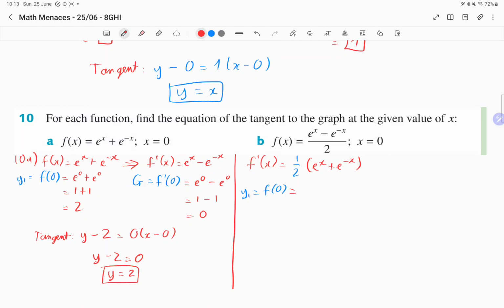Which question for 11 are we doing? Just 11a. Well, you can do B as well, but 11a is the one.